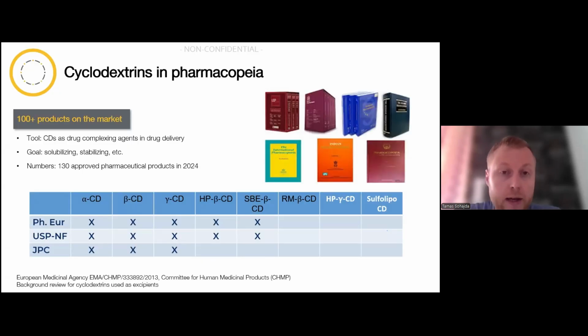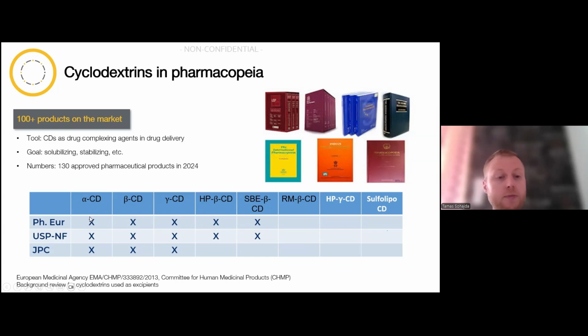So, in this figure, you can see eight of the nine cyclodextrins. The first seven are the ones that are used or approved as excipients in pharmaceutical formulations, and the sulfolipocyclodextrin is the one which is used in vaccines. If you're serious about the development, you want to know which cyclodextrins are represented in pharmacopoeias.